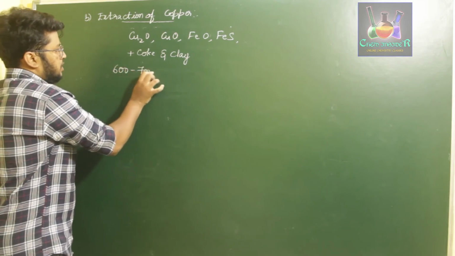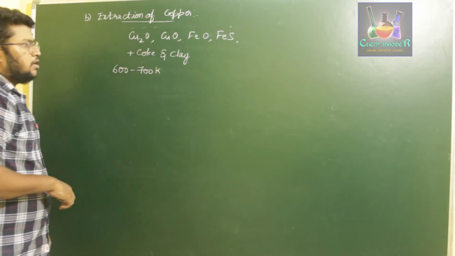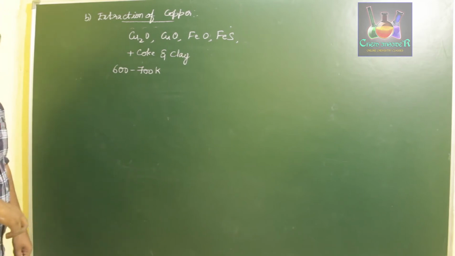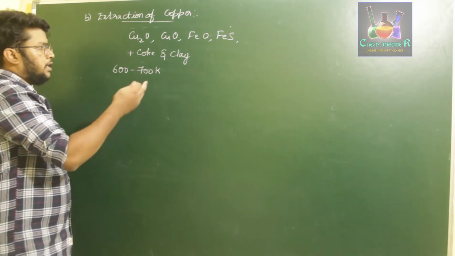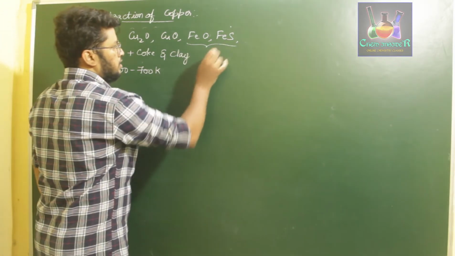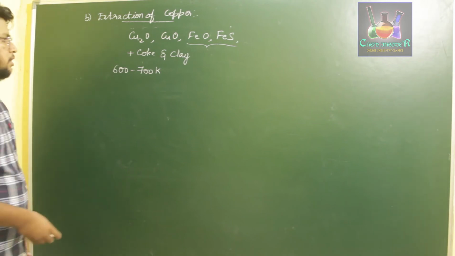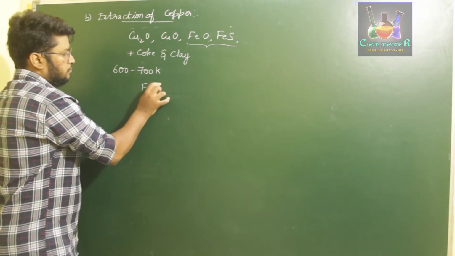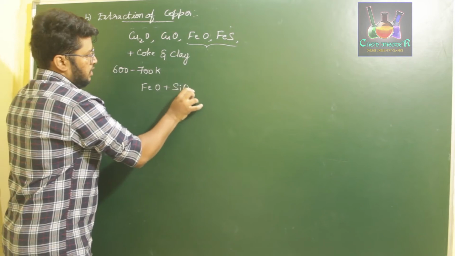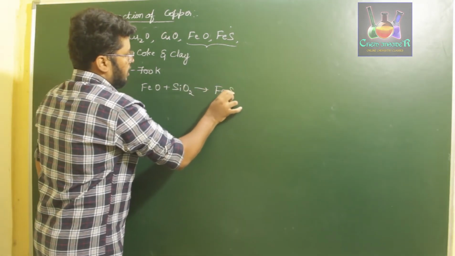At 600 to 700 Kelvin, on heating the cupric oxide and cuprous oxide and treating them with coke and clay, we remove any remaining impurities of ferrous oxide and ferrous sulfide. That is, FeO reacts with SiO2 to give FeSiO3.